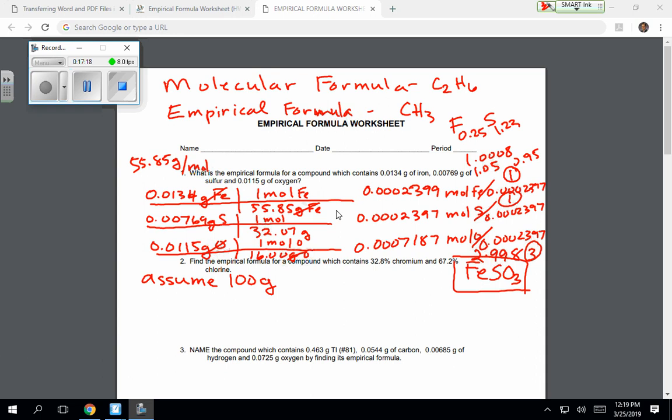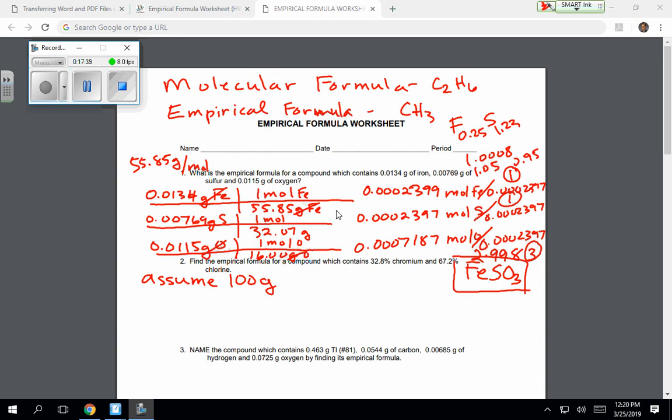If you assume 100 grams, then, Zayla, if I assume my total is 100 grams, how much chromium do I have in that sample? 32.8 what? Grams, exactly. You saw why it's so simple, because she didn't have to pull out her calculator.